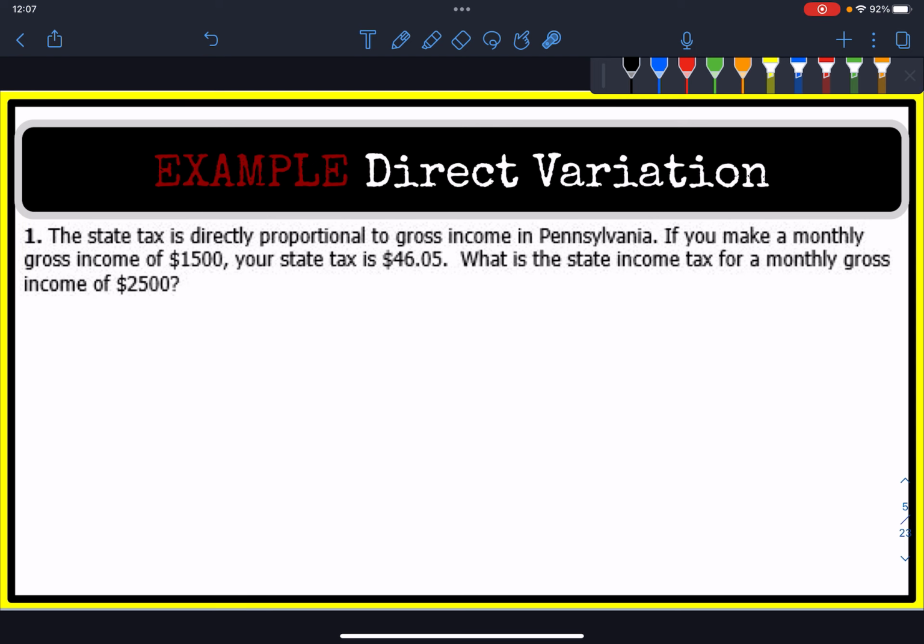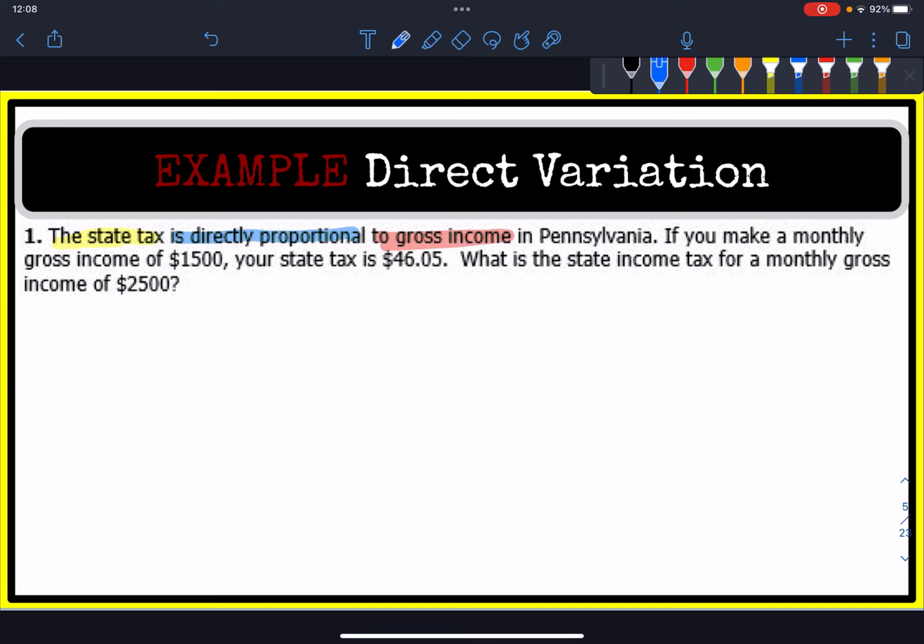Now, here we state that the state tax is directly proportional to the gross income in Pennsylvania. So the tax is directly proportional to the gross income means that y equals k times x.